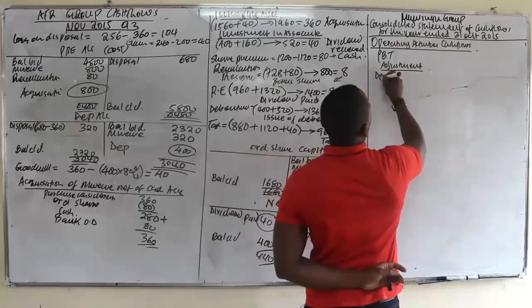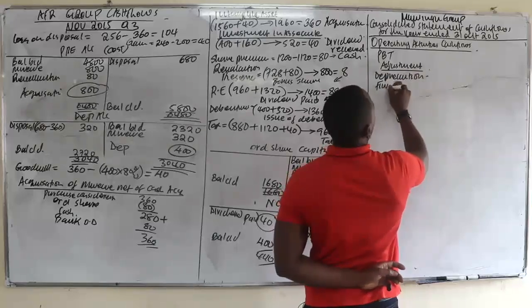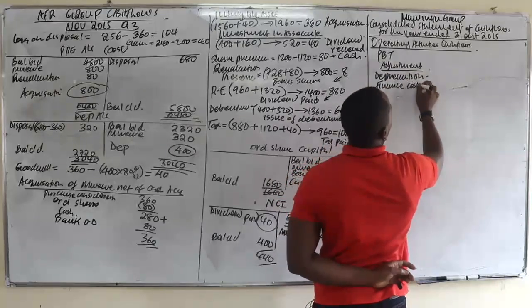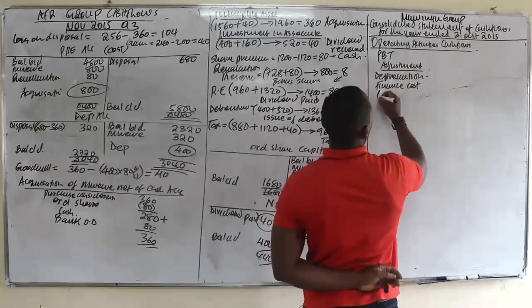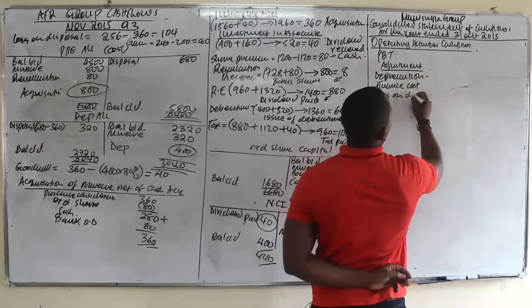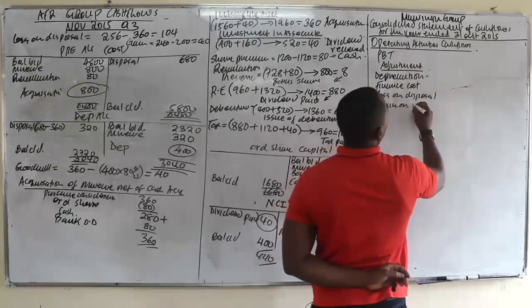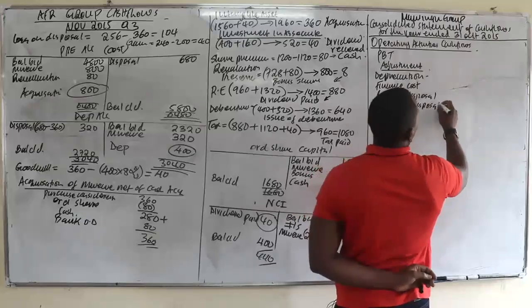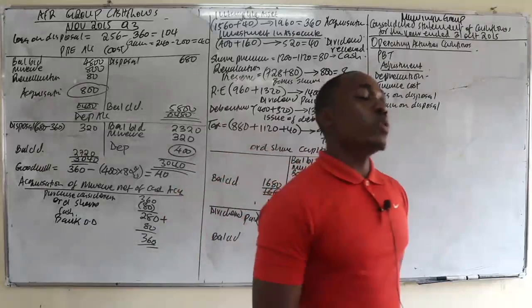Things to do with depreciation, finance cost. Finance cost is not part of operating, it's part of financing activities. Also, loss on disposal, gain on disposal, and then any non-operating income. If you want to know any non-operating income, you go to other incomes.